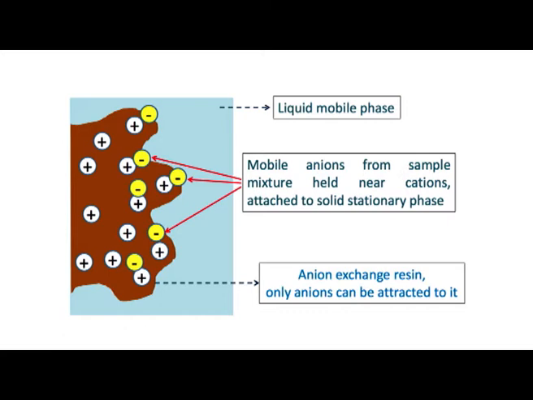Just like any chromatographic technique, here we have a stationary phase and a mobile phase as well. Depending upon the sample, we choose the stationary phase. For example, if you want to separate anionic species, we have to choose a cationic stationary phase, a solid support attached with cationic species that can attract the anionic species.